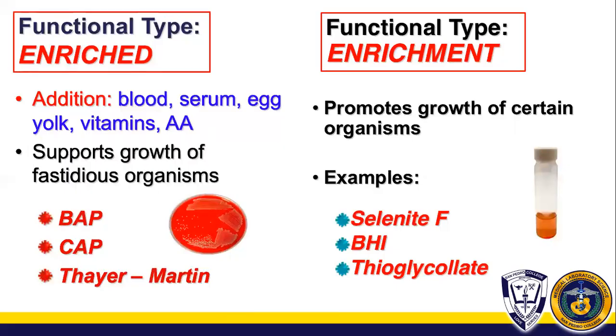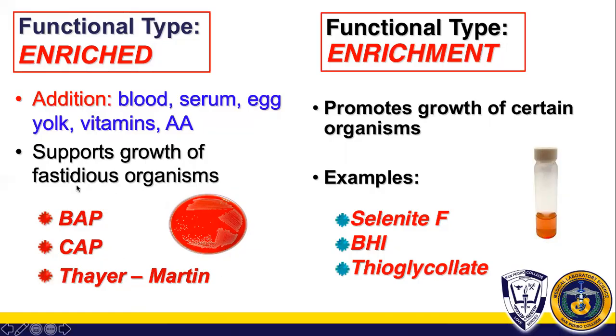That's why it's called enriched, because it's technically enriched with a lot of nutrients. So it supports the growth of numerous fastidious organisms. Examples of this would be blood agar plate, chocolate agar plate, and Thayer Martin.